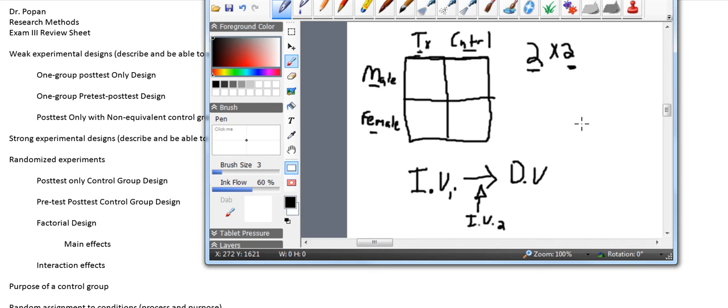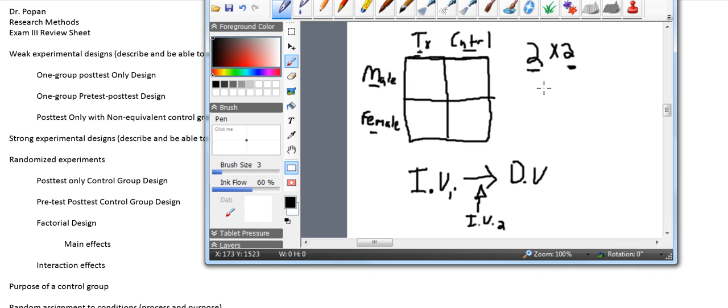So in this example, let's say we have a difference between treatment and control such that treatment leads to lower social anxiety than control, but the treatment is more effective for females than for males. If the difference between treatment and control is greater for females than for males, that would be a statistical interaction, a two-way interaction in this factorial design.